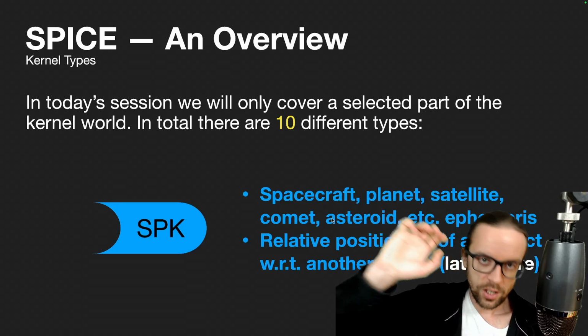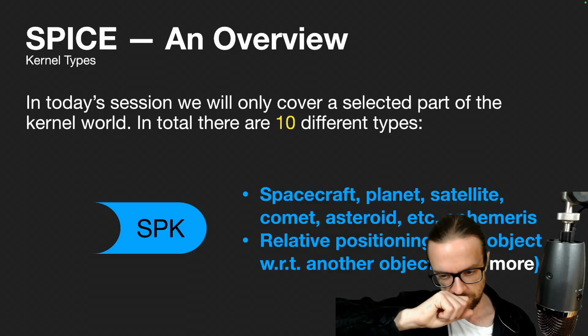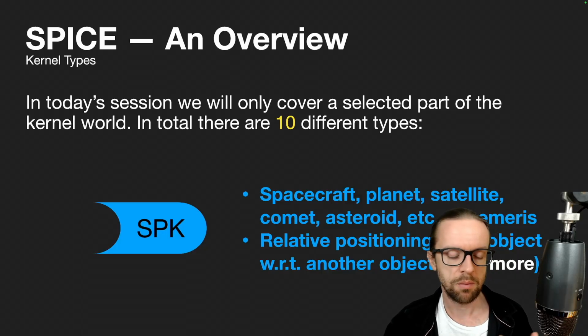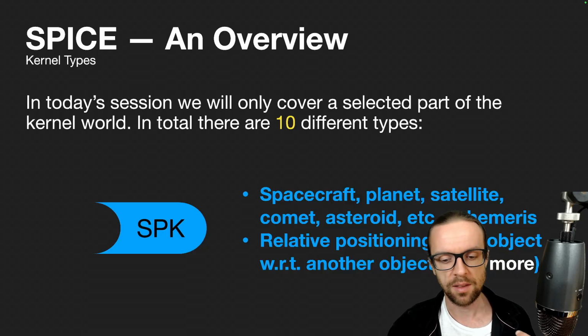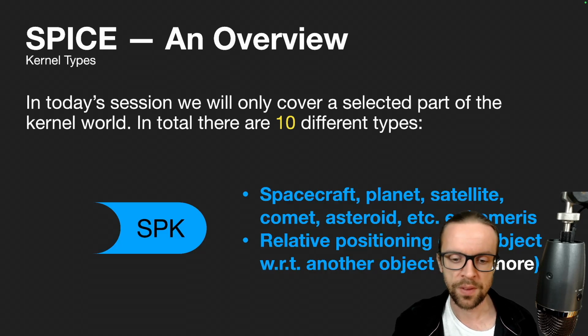So we start with the first kernel, and in total we have 10 different kernels. The first kernel is the SPK one. The SPK basically provides us the spacecraft and planet kernel information, so for all relative positioning, velocities, and so on. But not only spacecraft: planets, satellites, comets, asteroids, you name it.